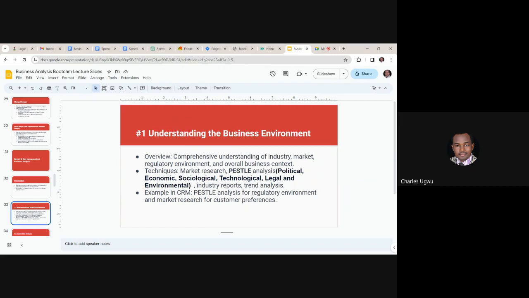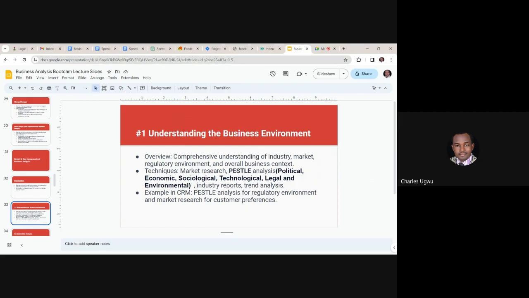How does the economic environment affect customer preference? How does the sociological environment affect customer preferences? How do technological factors affect the kind of CRM within customer preference? How about the legal and environmental factors?